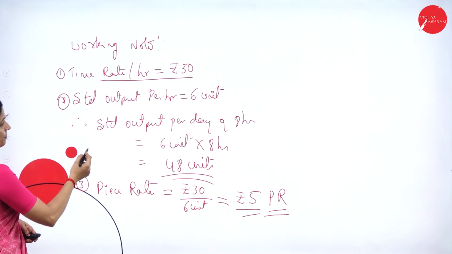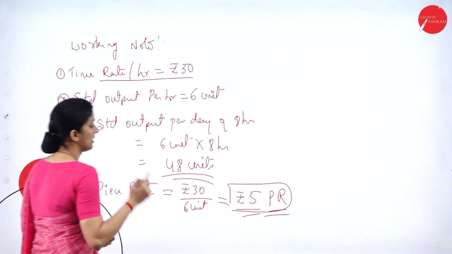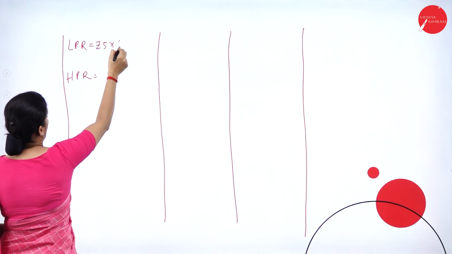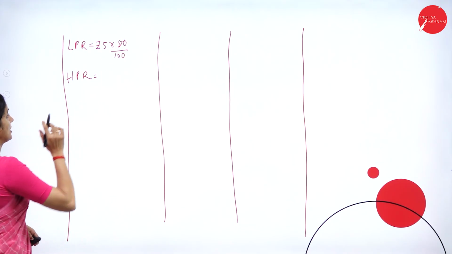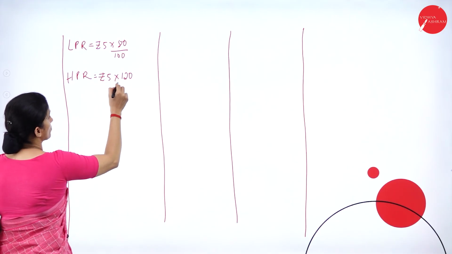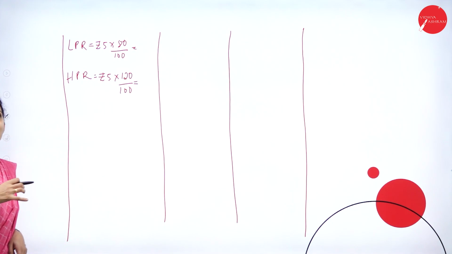Your piece rate that we have calculated is rupees 5. So rupees 5 into 80% is the differential piece rate we are applying, and rupees 5 into 120% for the high piece rate. So we will get the low piece rate and high piece rate.